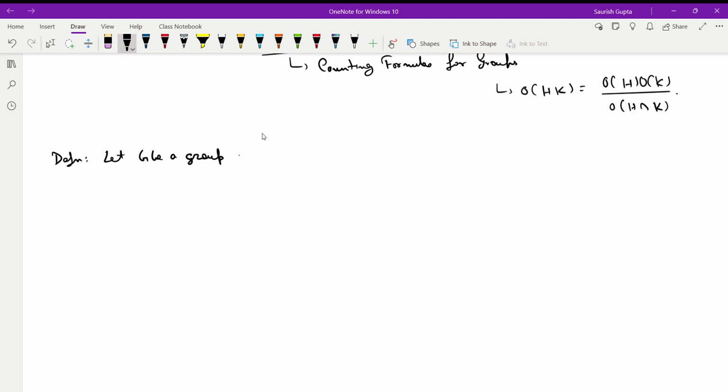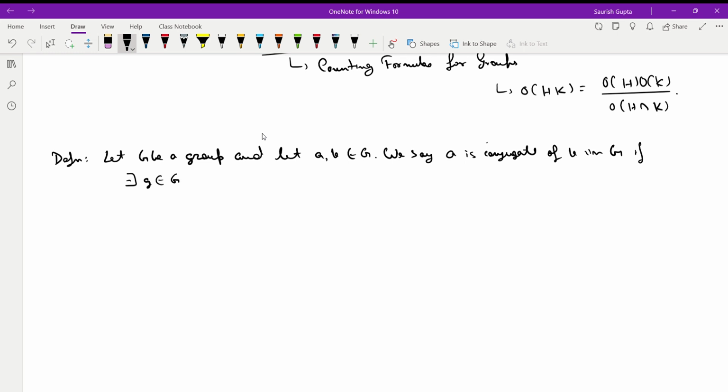Let G be a group, and let us choose two elements from G. Then we say that A is a conjugate of B in G if there exists some element small g in capital G such that A can be written as g inverse B g.